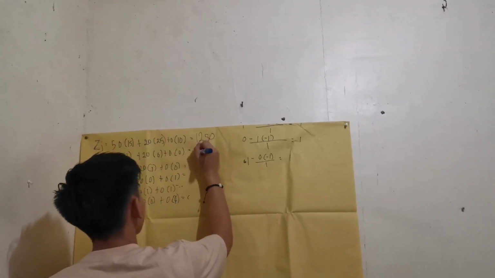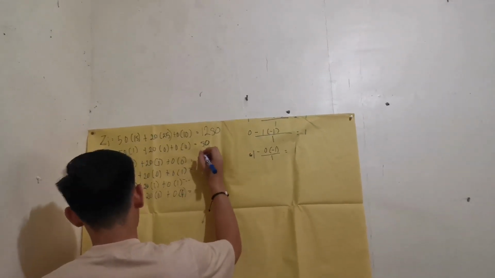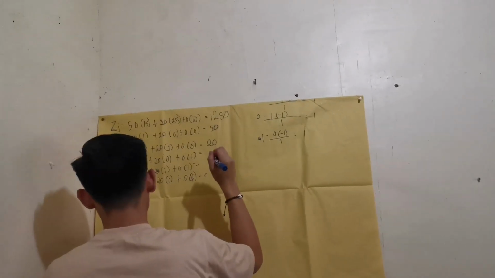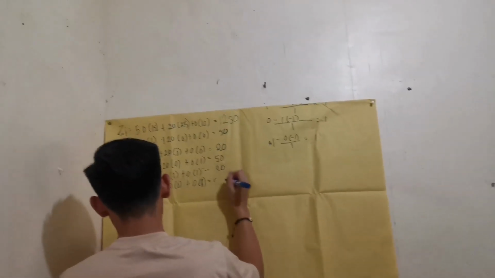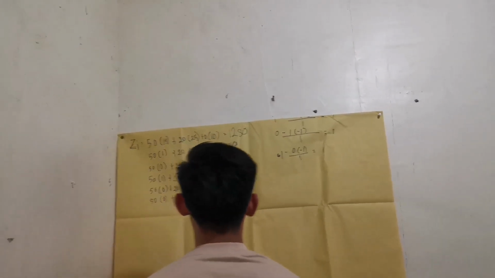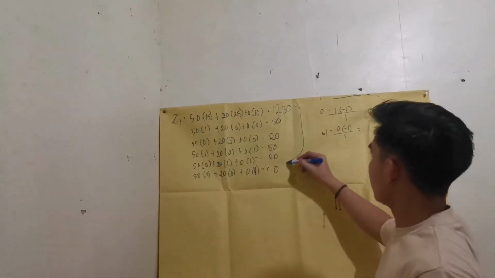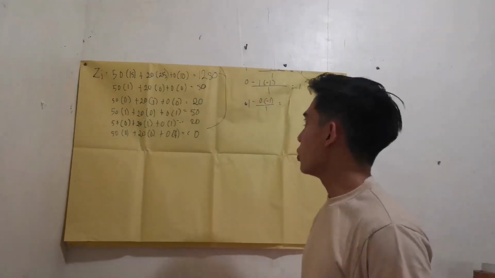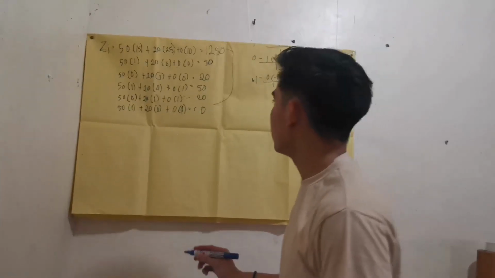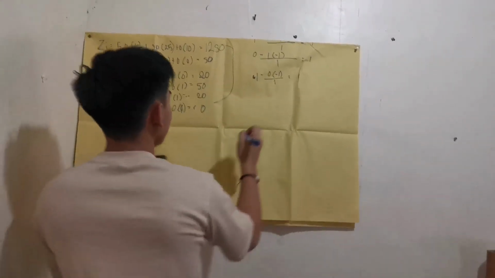So, 50, 20, 50, 20, and 0. So, ito sila. Ito yung row as Z sub J. So, 1,250, 50, 20, 50, and 20.